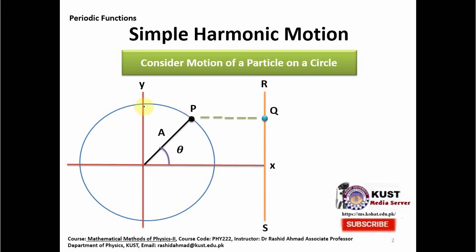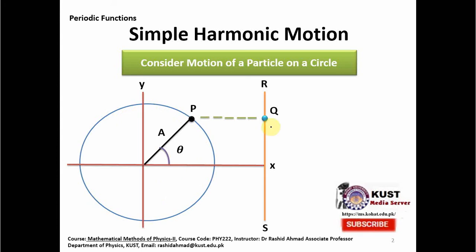So when point P revolves on this circle and completes one complete revolution, you can imagine that this point Q will also complete one complete revolution, but only vertically, moving up and down as the particle P is revolving on this circle.